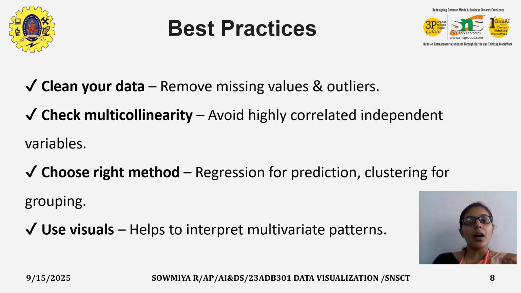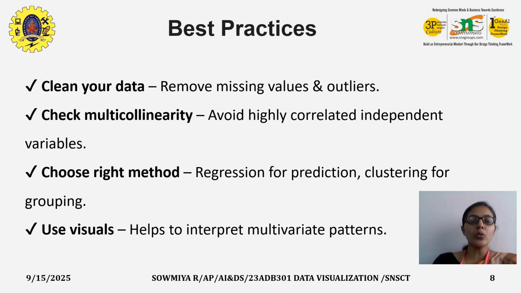Then best practices. When working with multivariate data, follow these best practices. First one is clean your data. Missing values and outliers can distort the results. Then second one is check for multicollinearity. If two variables are almost identical, like a height in centimeter and inches, avoid using both in regression.